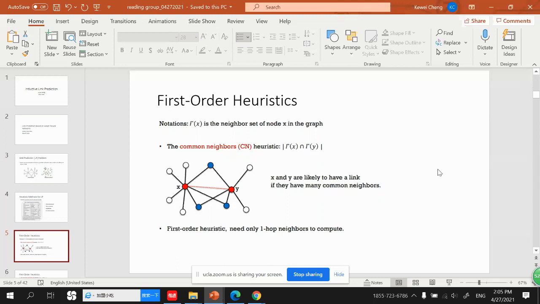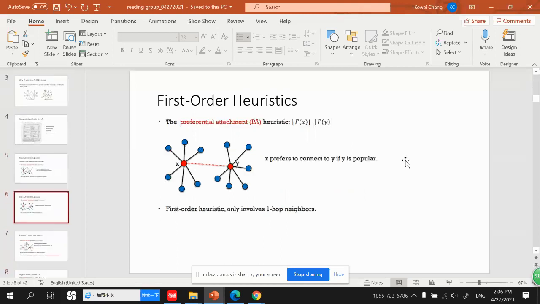The common neighbor heuristic calculates the score of two nodes by using the number of their common neighbors. The basic idea is that x and y are likely to have a link if they have many common neighbors. So it is a first order heuristic, and it needs only one hop neighbors to compute this score.